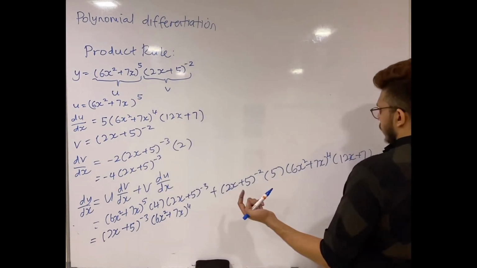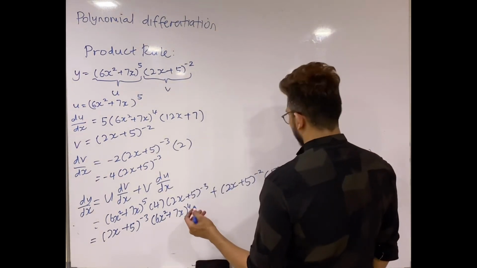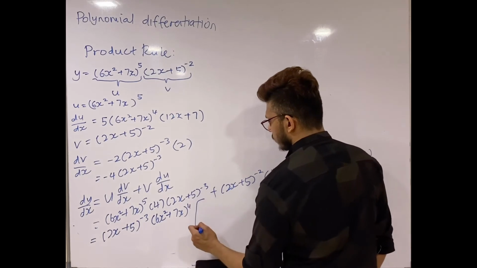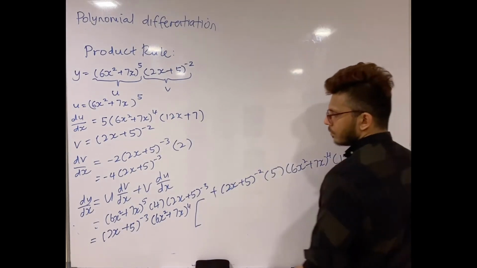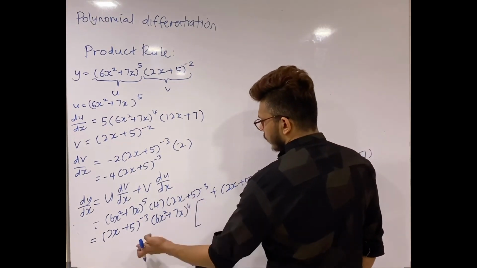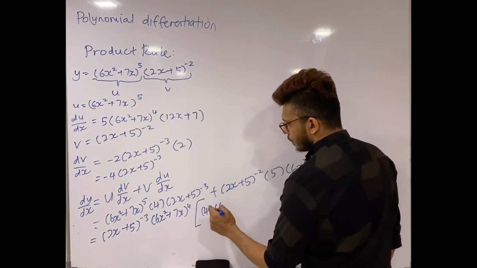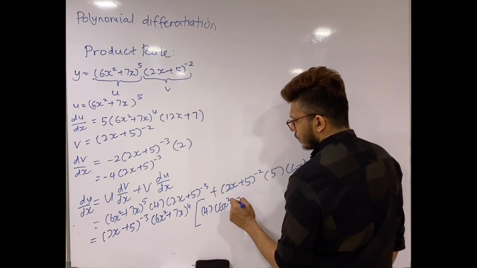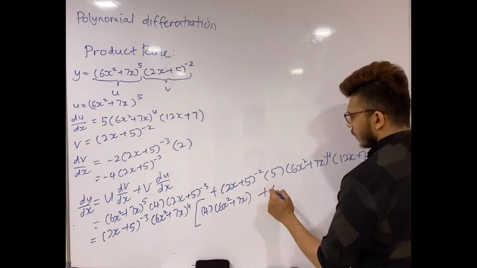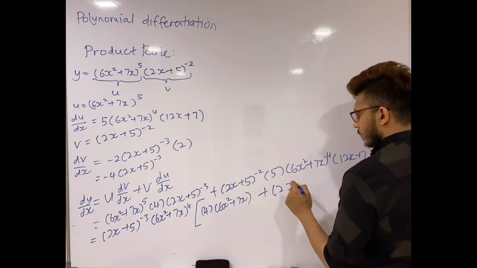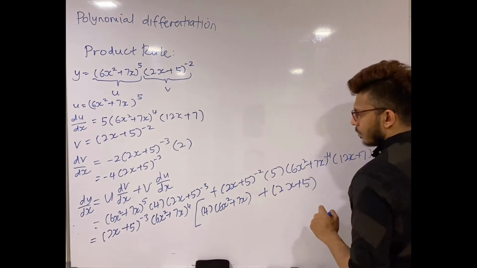Numbers, you can't take it out, so that's it. Open up bracket. If I already have this, I don't have to write that. I need one more on that, so it's going to be 4. Okay, all right. (2x plus 5).